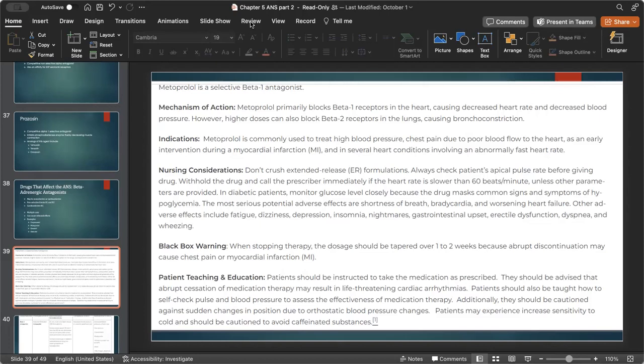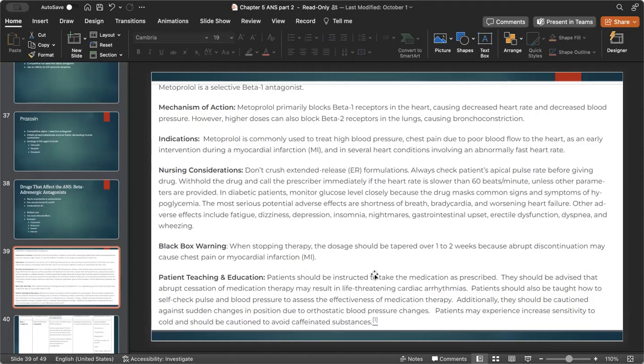It can be used as an early intervention for a myocardial infarction for the same sort of reason. And sometimes it can be used for arrhythmias. Something to know as an adverse effect: any drug that can treat an arrhythmia or an abnormally fast heart rate can cause an arrhythmia as an adverse effect.